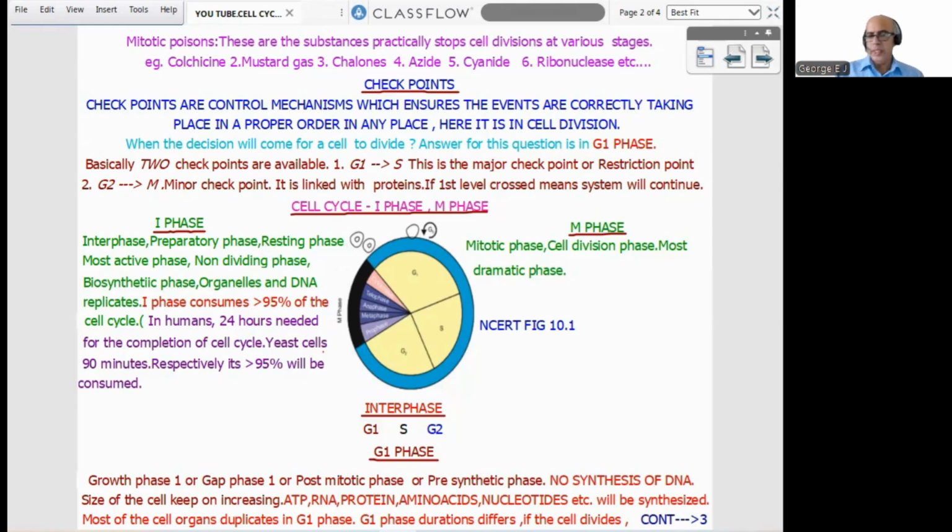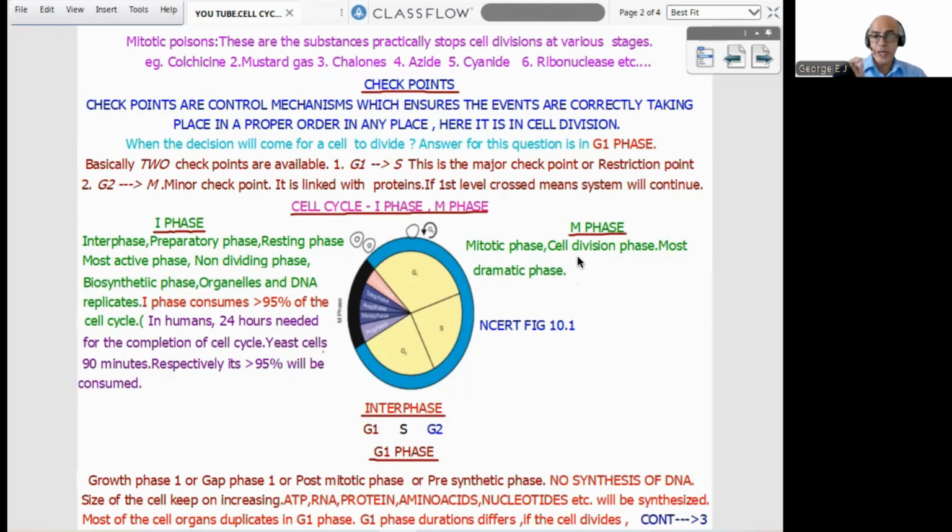Now, the cell cycle has different phases, basically two phases, I phase and M phase. Here it is written, I phase. What is the full form? What is the meaning? What all events will take place, time, etc. The I phase is interphase: preparatory phase, resting phase, most active phase, non-dividing phase, biosynthetic phase, in which organelles and DNA will be replicating.